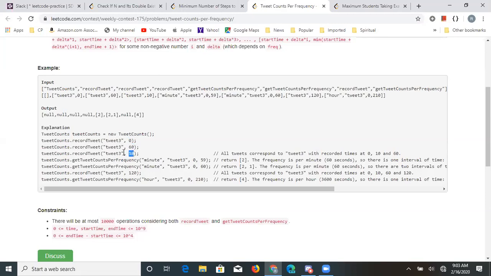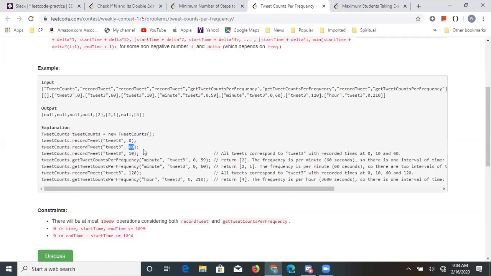Now, if somebody asks for the frequency where the granularity is minute and we are looking for tweet 3 from 0 to 59, I should return 2, because we had a tweet at 0 and 10. The 60th is not in that range, so we'll ignore that.